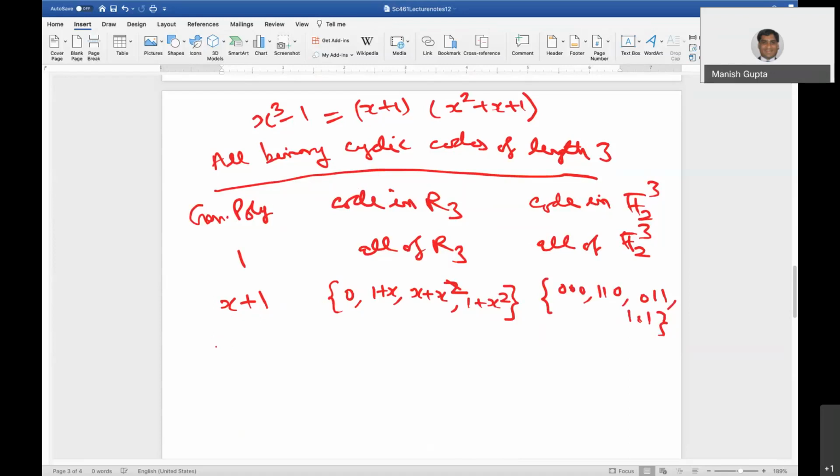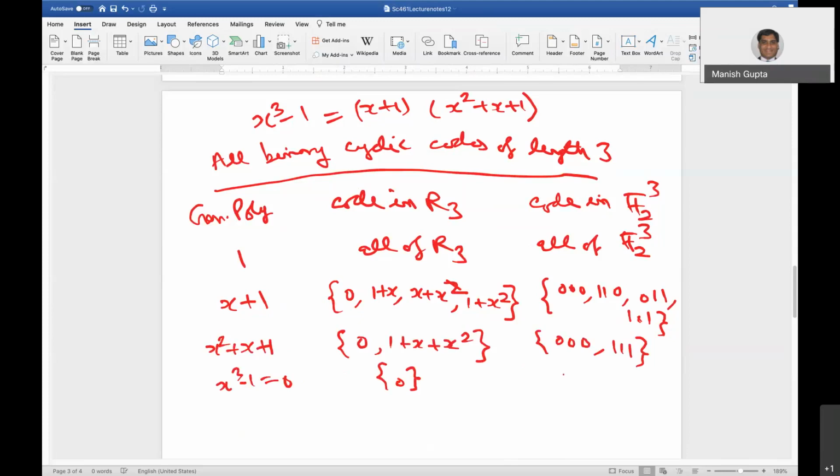When the polynomial is x square plus x plus 1, the other one, the code in R3 will be 0 and 1 plus x plus x square, and the binary code is 000, 111. Okay? And when the polynomial is x cube minus 1, which is 0 here, we get all 0, and here we get 000. So this is our table of all cyclic codes of length 3.